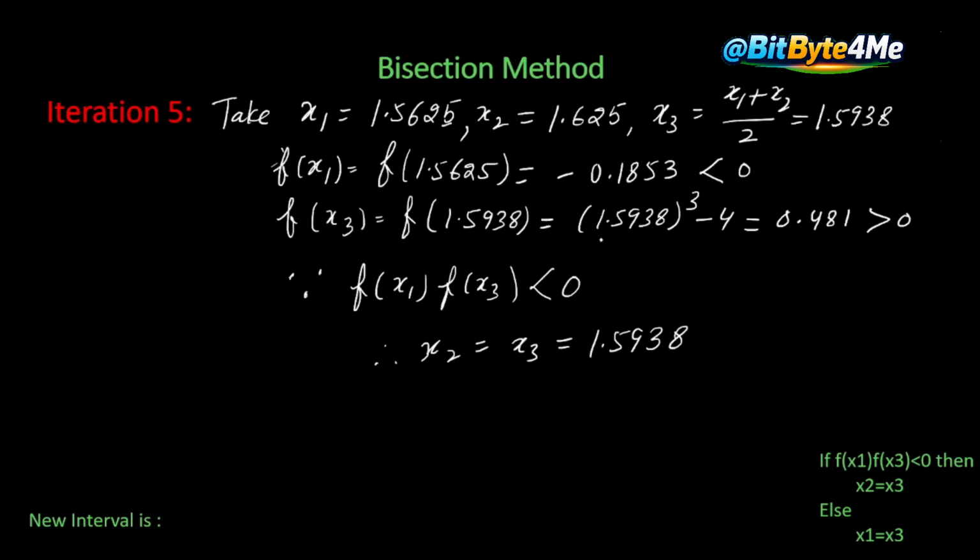So this is the value of x2. So x1 will remain the same. New interval is 1.5625, comma, x2 value is 1.5938. So these two values will be used for the next iteration, which is iteration number 6.